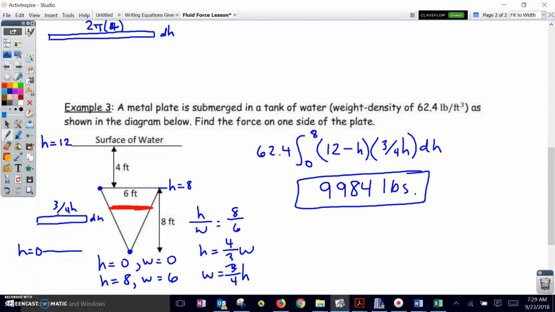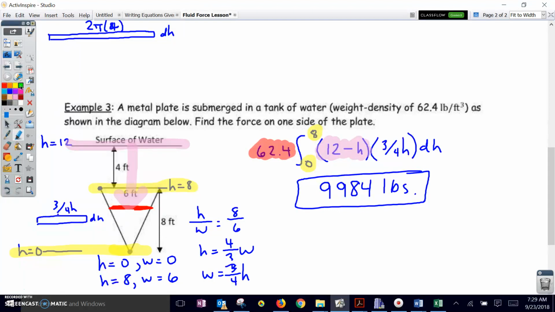Okay? So in conclusion, when we have variable depth surfaces that we're looking at, there are several key characteristics that we need to look at to set up our integral. We need the weight density of the fluid. We need the location of the bottom and the top of the surface based off of our coordinate grid. We need the depth of the surface based off of how far a typical strip is from the surface of the fluid.